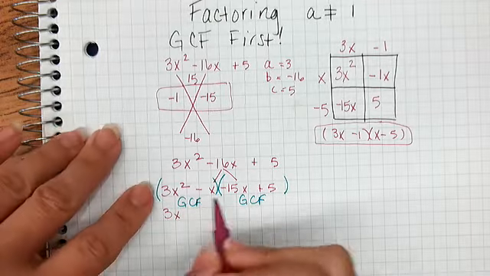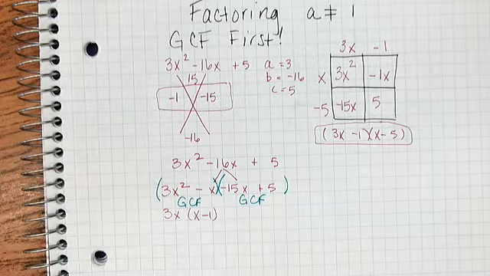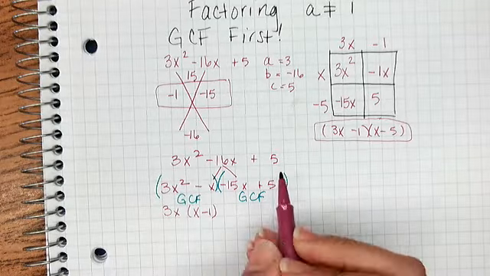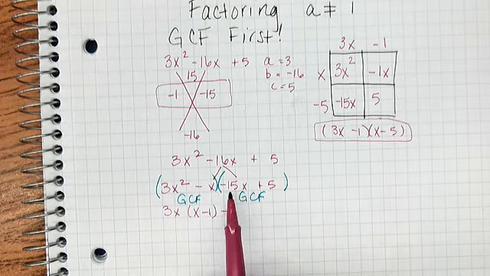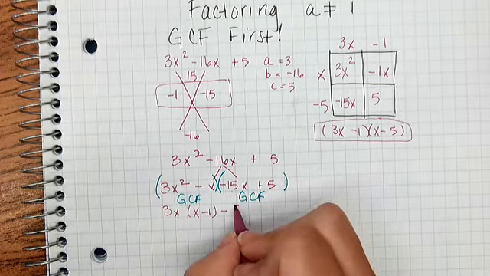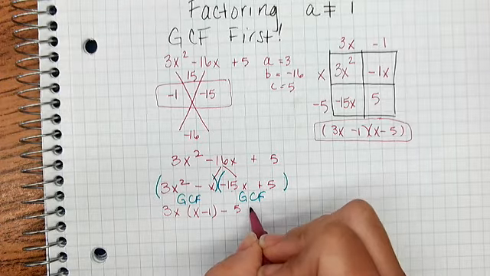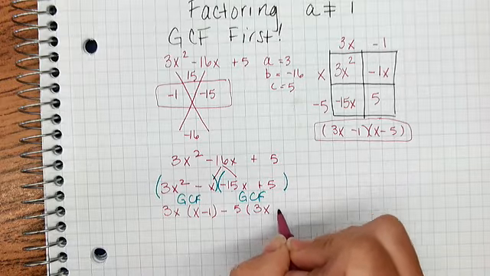And when I take that out, I'm left with x minus 1. The GCF, remember I told you to take out the negative. If the first term is negative, take it out. The GCF between 15x and 5 is 5. And that leaves me with 3x minus 1.